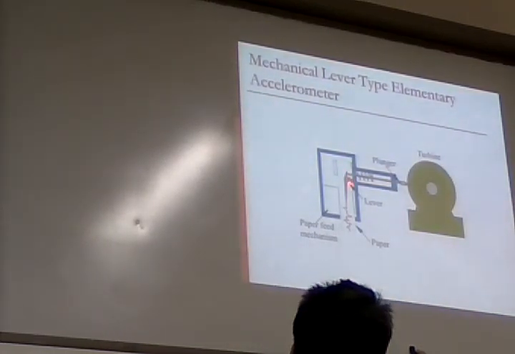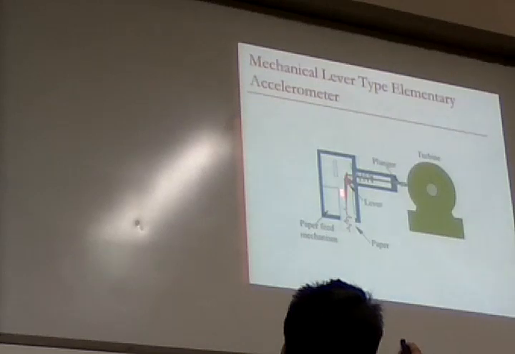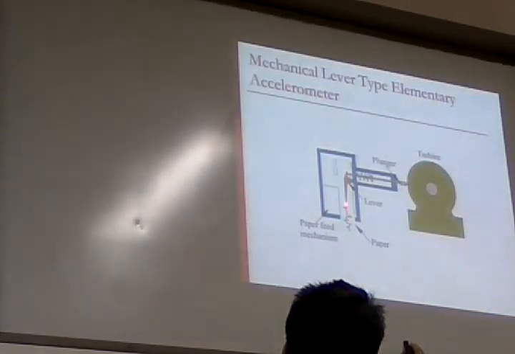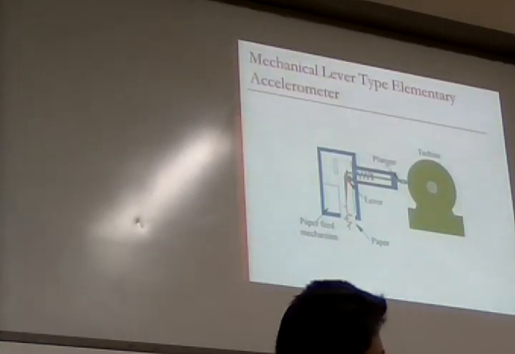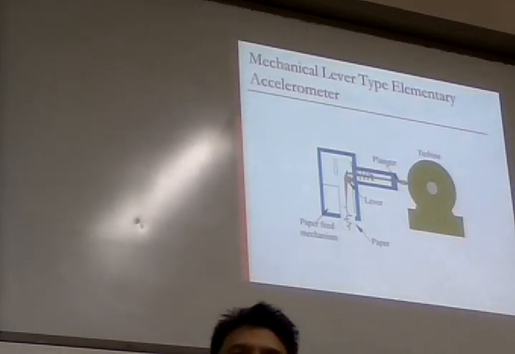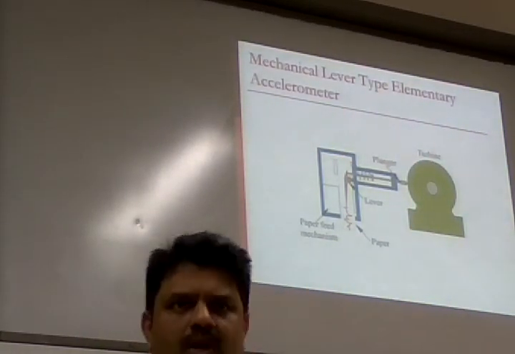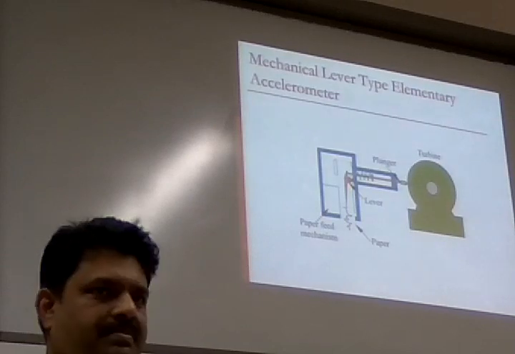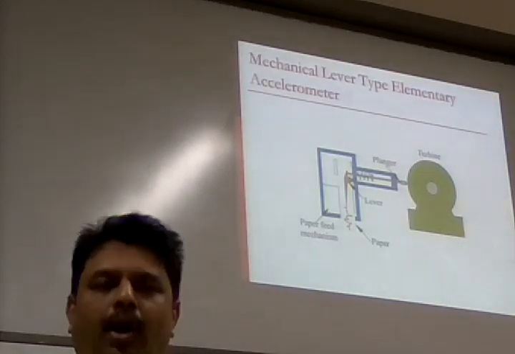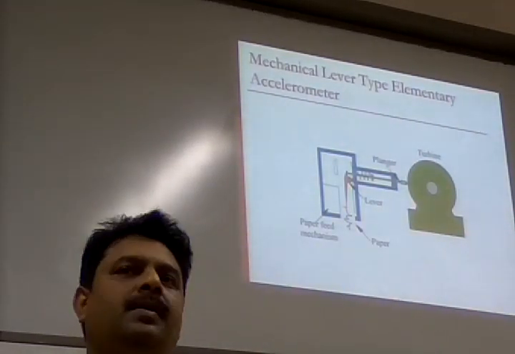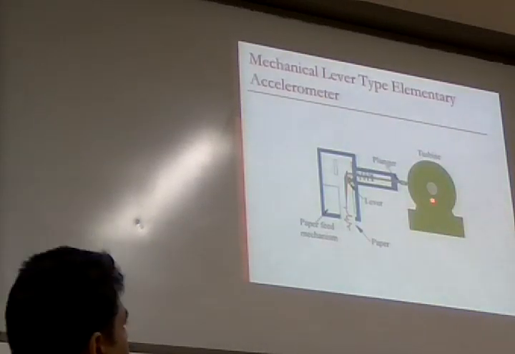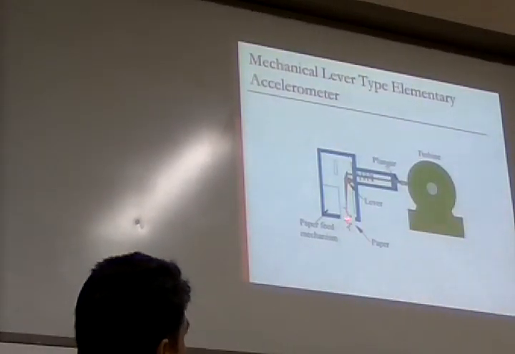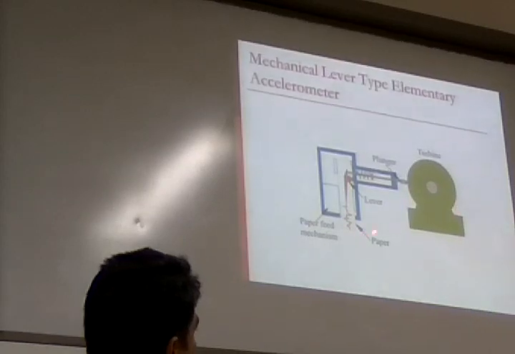On the other side of the lever, you have a pen and a rolling paper. The rolling paper represents the time, and the plotter keeps plotting according to the vibration. If there is a small vibration, there will be a small trace; if there is a bigger vibration, there is a bigger trace.